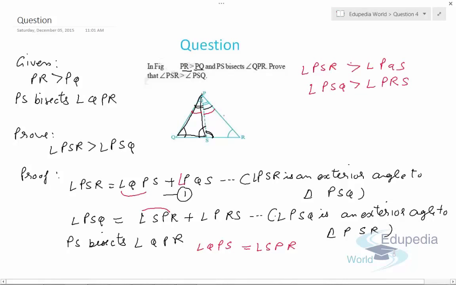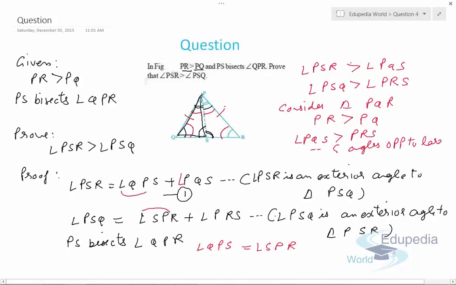Now if we consider triangle PQR, it's given that PR is greater than PQ, which means this side is greater than this side. So angle PQS, this angle, is greater than this angle PRS. Why? Angles opposite to larger sides are larger.